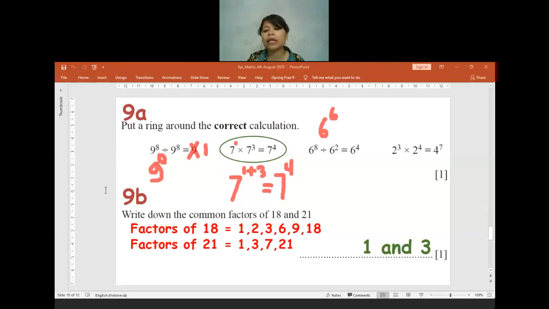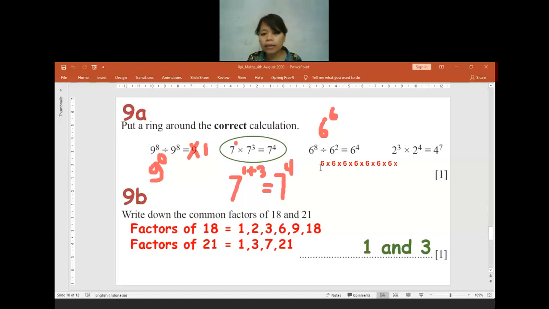It will be better if you have a division, maybe you can make it into a fraction, and then for the number in here you can change it into a multiplication. 6 to the power of 8, it means there are 8 number of 6. 1, 2, 3, 4, 5, 6, and then 7.